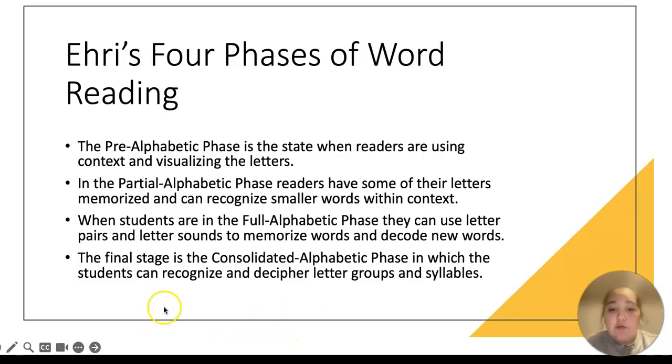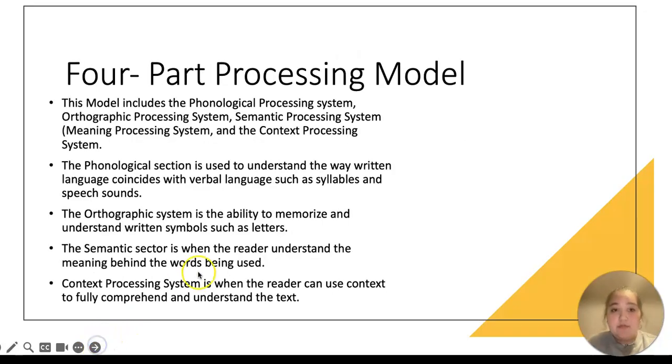When students are in the full alphabetic phase, they can use letter pairs and letter sounds to memorize words and to be able to decode new words. The final stage is the consolidated alphabetic phase, in which the students can recognize and decipher letter groups and syllables.